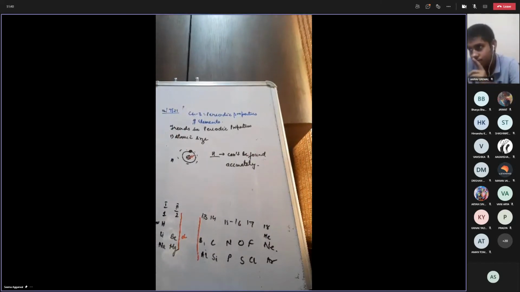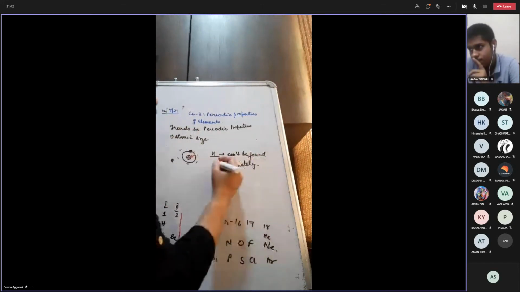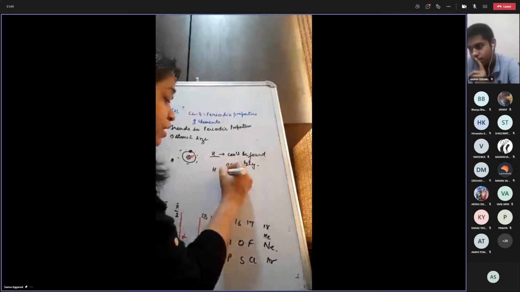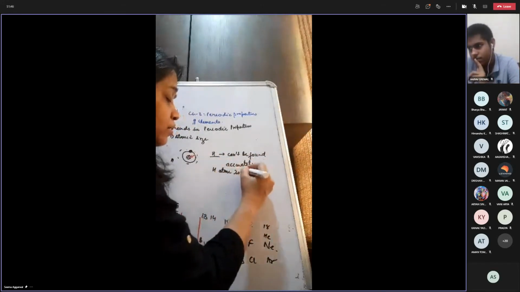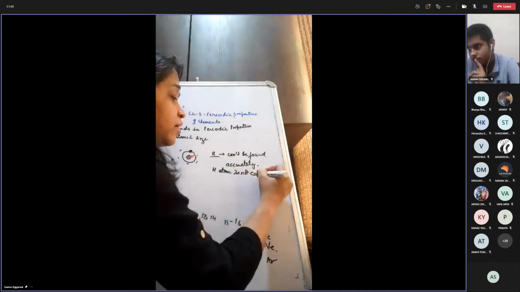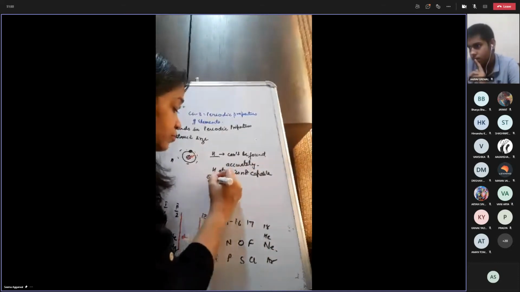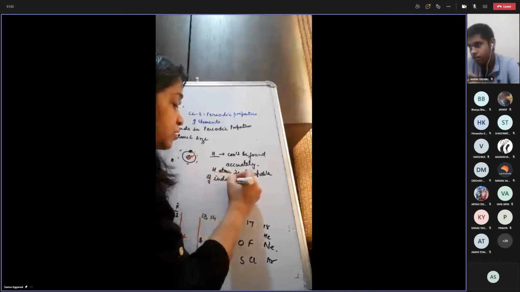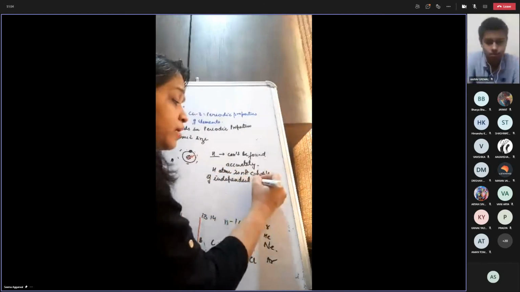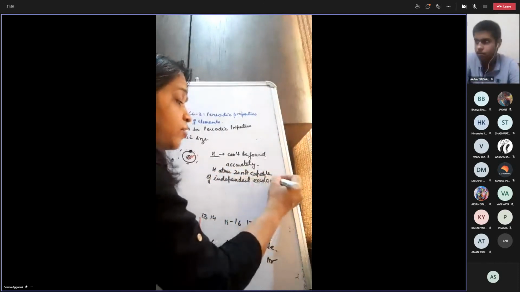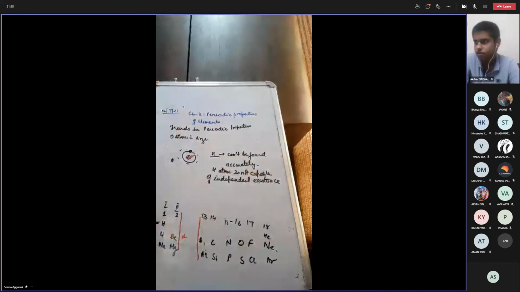It exists as a molecule. It means hydrogen atom is not capable of independent existence. So how can I find the atomic radii of hydrogen? So it was a great problem for scientists because a number of atoms are not capable of independent existence.